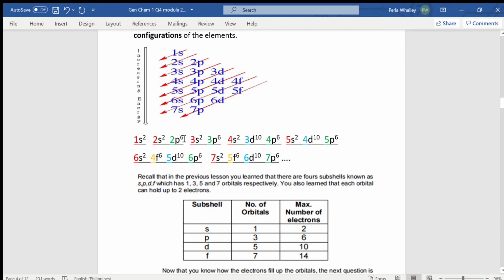Then all the p, write 6. All the d, 10. All the f, 14.